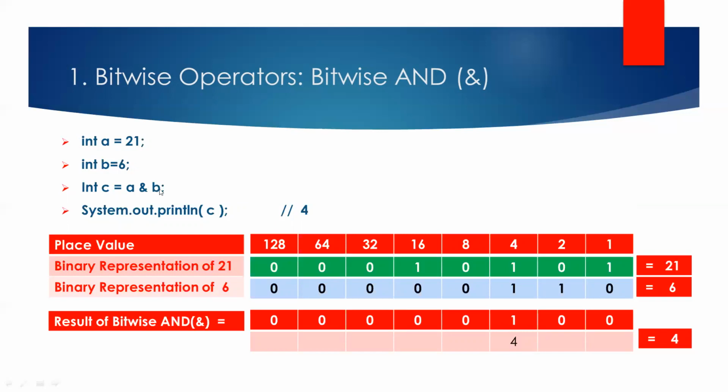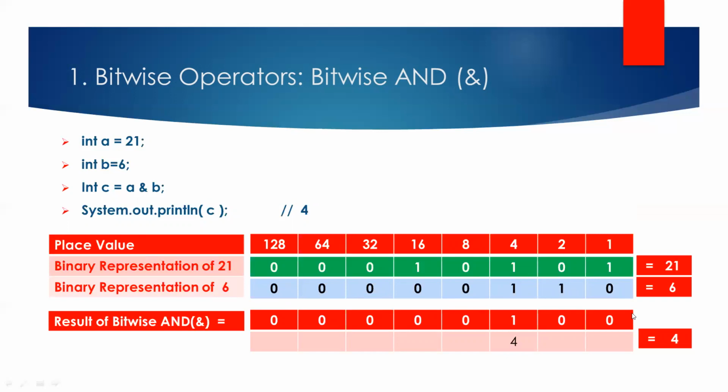We know that AND gives the result true if both bits are true, or we can say we get 1 when both bit values are 1. So look at here, 21 is represented as 0001 0101, and this is equivalent to your 6, that is 110.